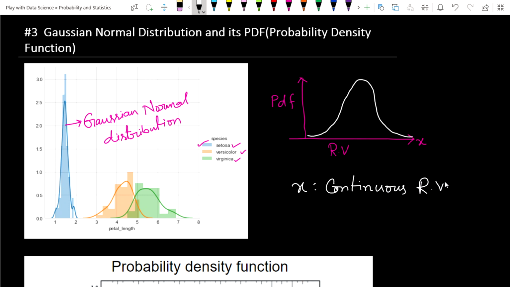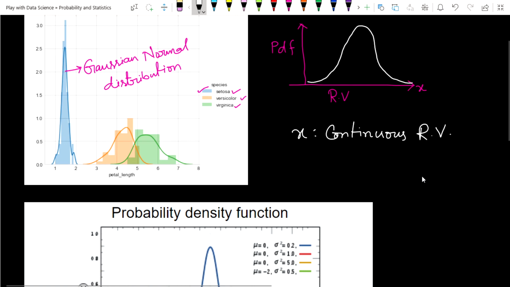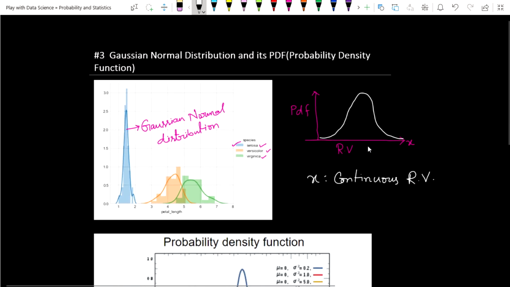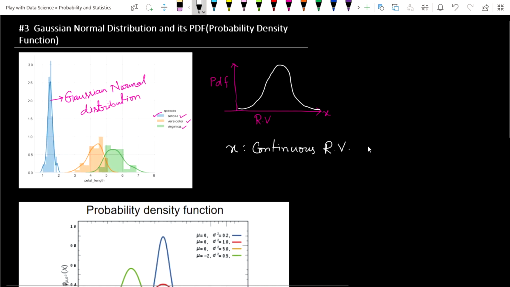In short, I am writing the random variable as RV. Practically in society, the probability density functions of Gaussian distributions are used, for example, to model the height of a human or the weight.